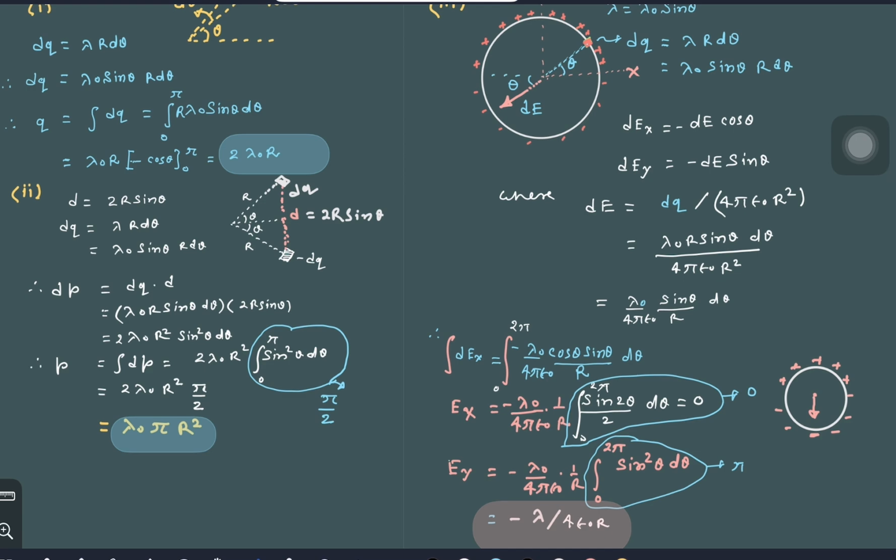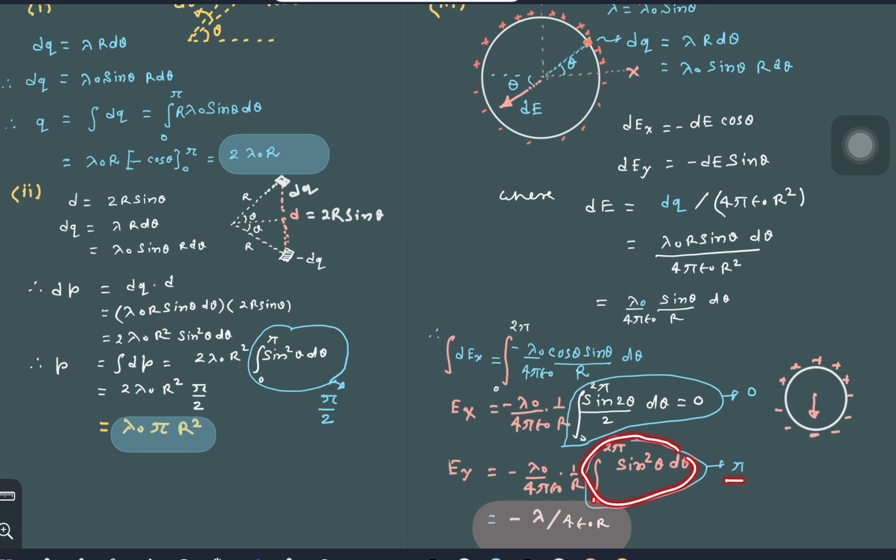Now, the field in the y direction will be equal to the integration of this term, and this dE sine theta all will come out as per this expression. Here we will get sine square theta integral multiplied by some other parameters, and this integral will come out to be pi.